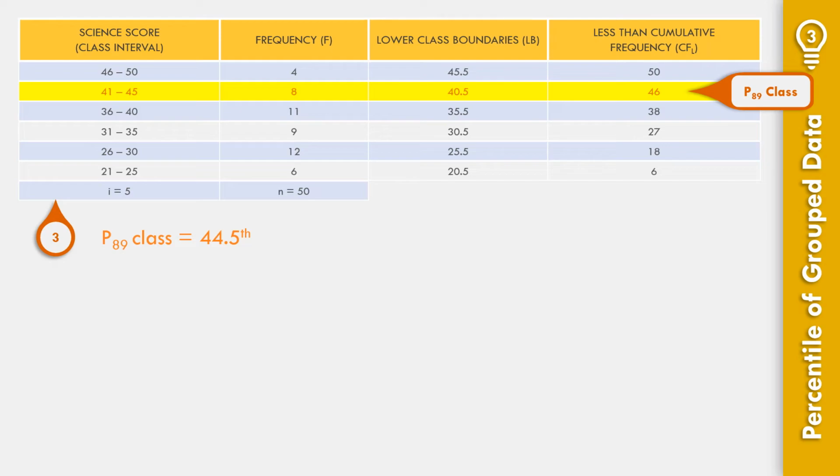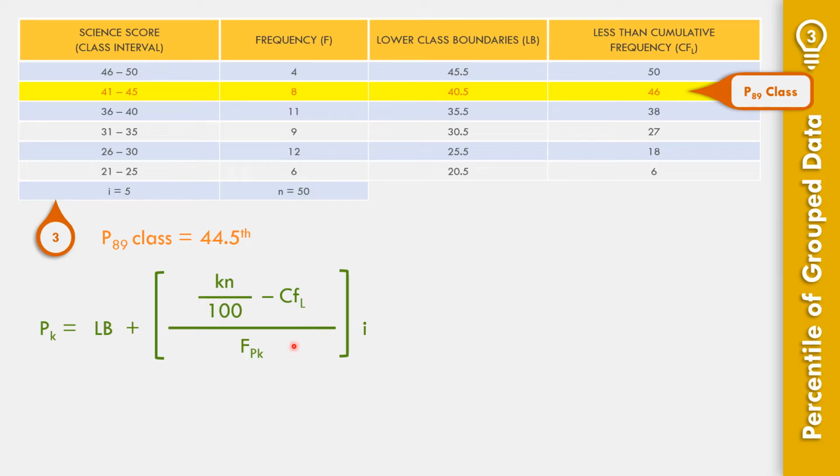So let us continue to solve to identify the P sub 89. The formula P sub k is equal to LB plus the quantity k times n all over 100 minus CF sub L all over F sub pk times the interval. The value of k is 89. If this is the P sub 89 class, we will choose the lower class boundary of the P sub 89, that is 40.5.